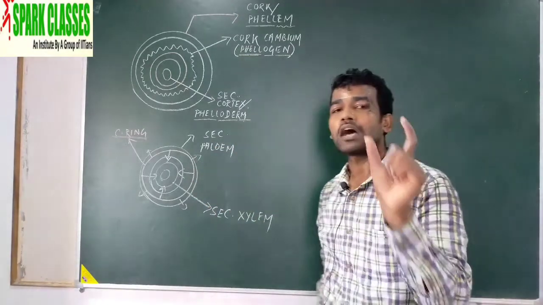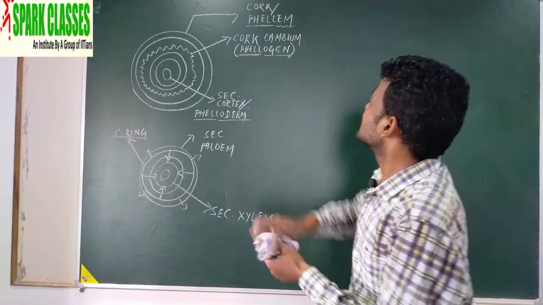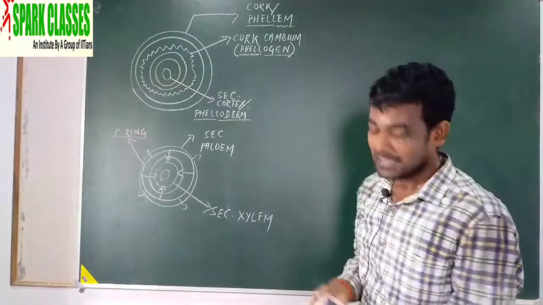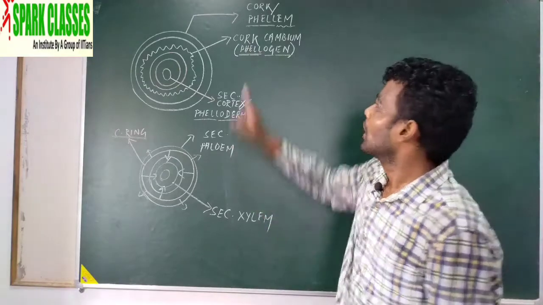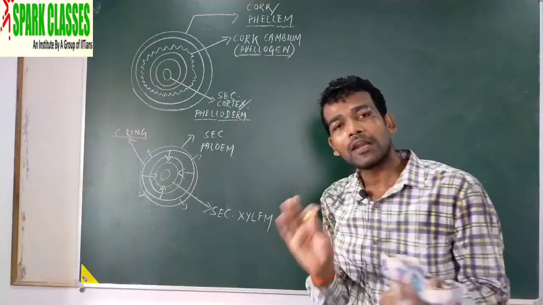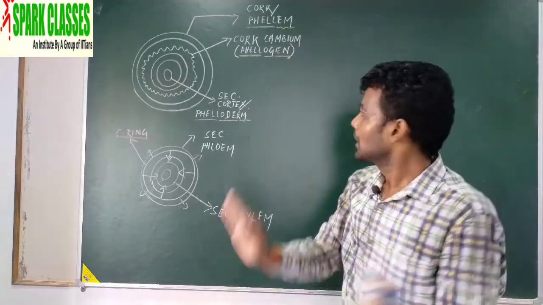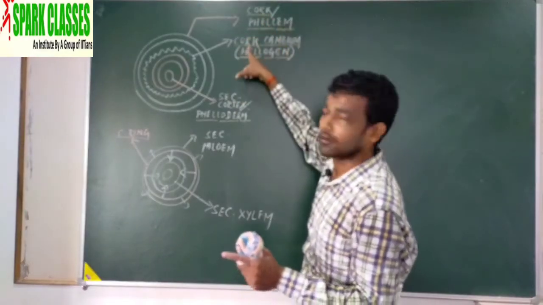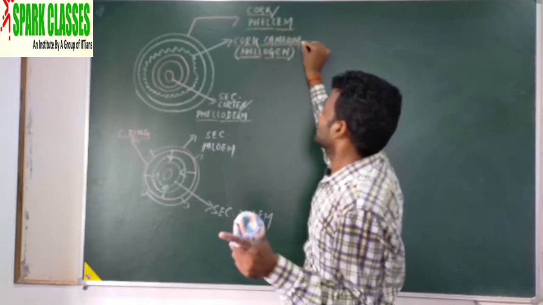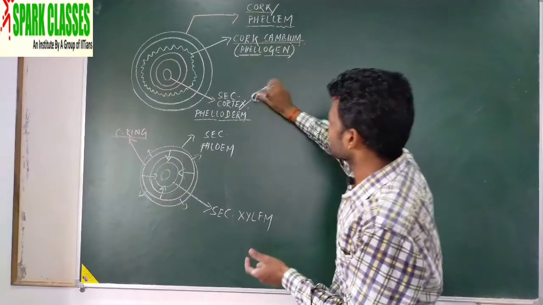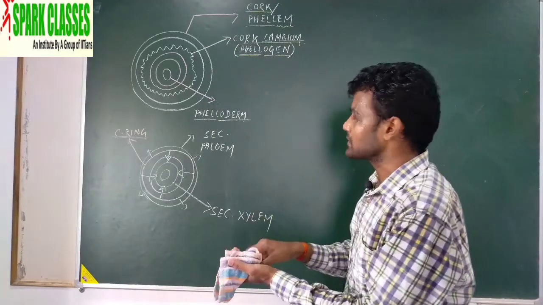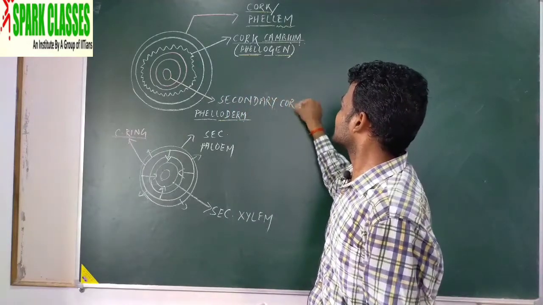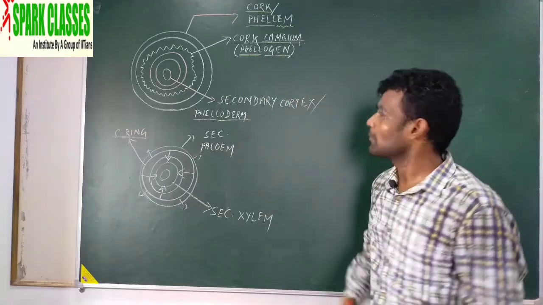Again, if the word cork confuses you, where you find cork, where you find cork cambium, where you find secondary cortex, the same rule applies. After phellem, phellogen, phelloderm, here only cork is written, here cork cambium is written, cork is common, cork cambium is more, and here secondary cortex. So which one contains the largest number of letters? Secondary cortex.